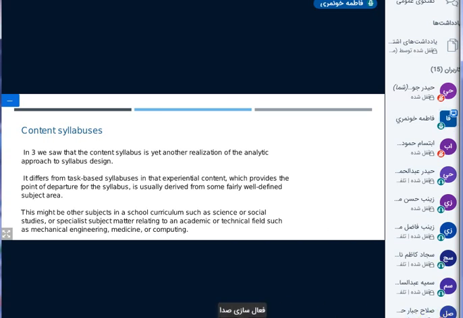And this content is taught through the language. So language in a content-based syllabus serves only the purpose of a tool or a means that can help the students learn about this content.